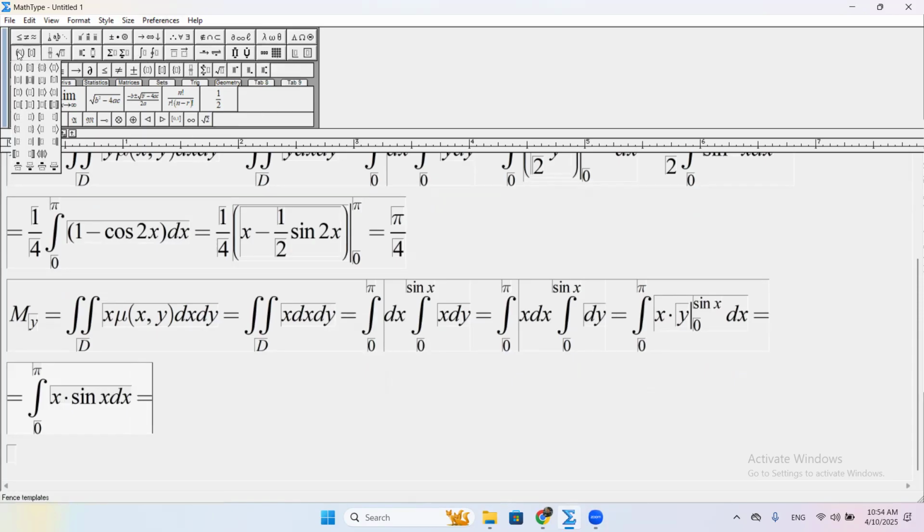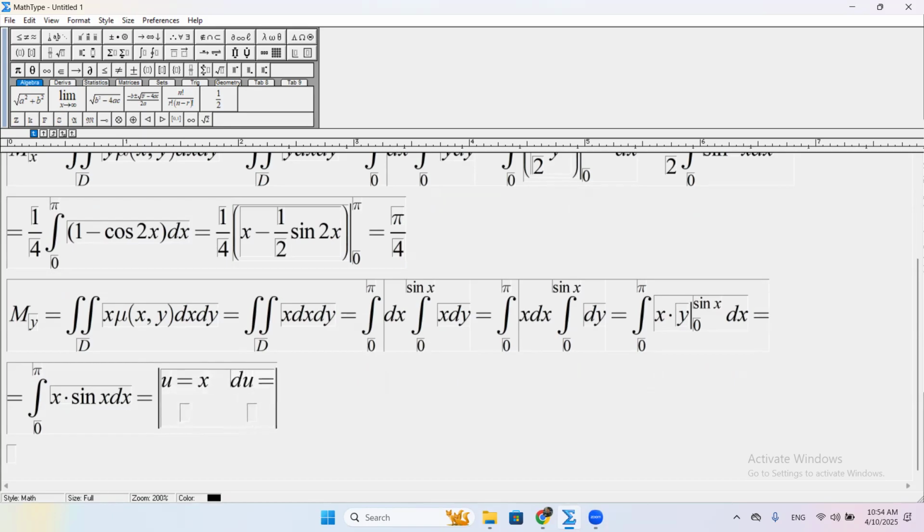So this integral will be calculated by parts. So u equals x, du equals dx, dv equals sine of x dx, and v equals minus cosine of x.